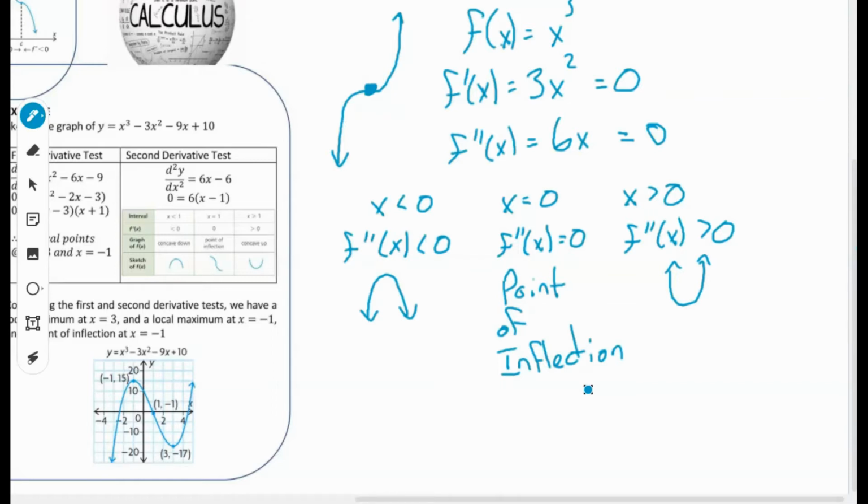You have to check whether or not your concavity is changing. Okay? If your concavity changes from before and after when your second derivative equals 0, you have a point of inflection. If it doesn't, then you don't have a point of inflection. And I'm going to go over an example later of when that doesn't happen.